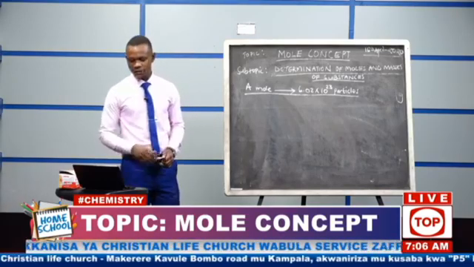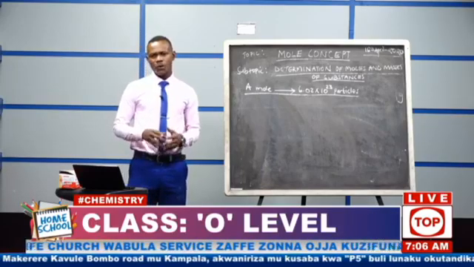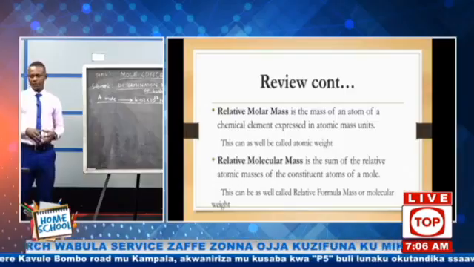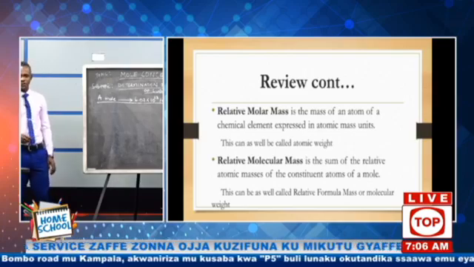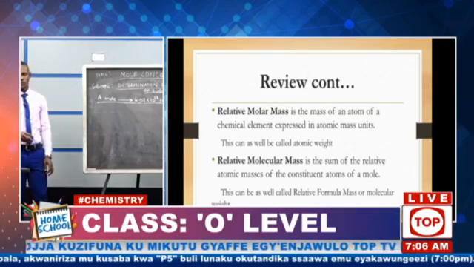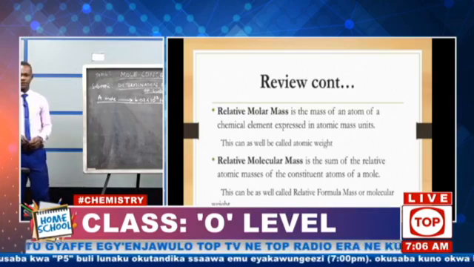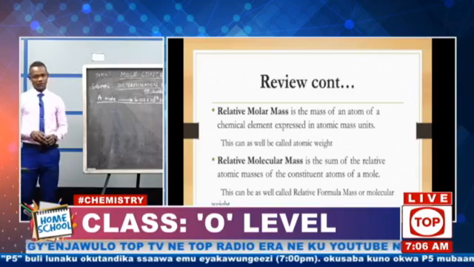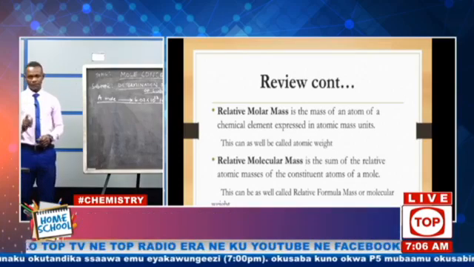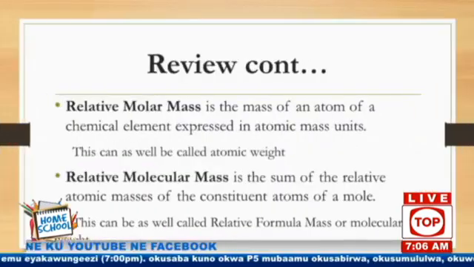And when we say relative atomic mass, we said it is the mass of an atom of a chemical element expressed in atomic mass units. We said it is the mass of an atom, just the mass of a single atom.